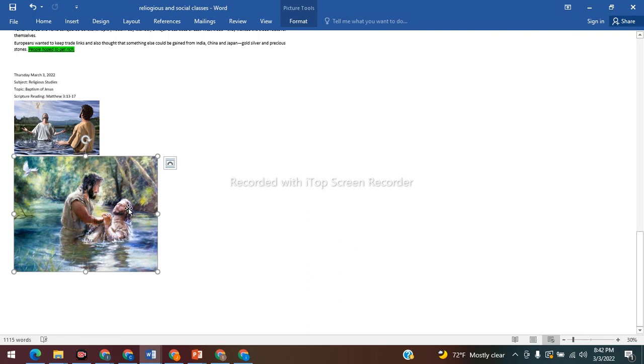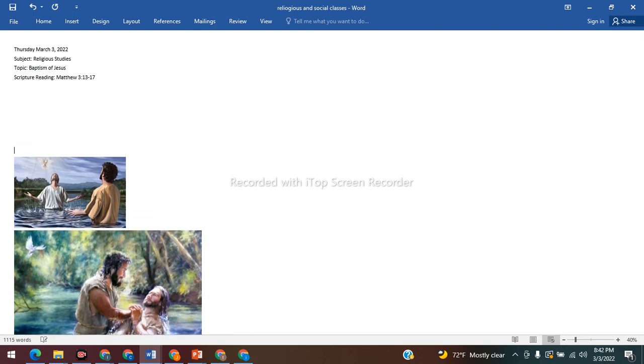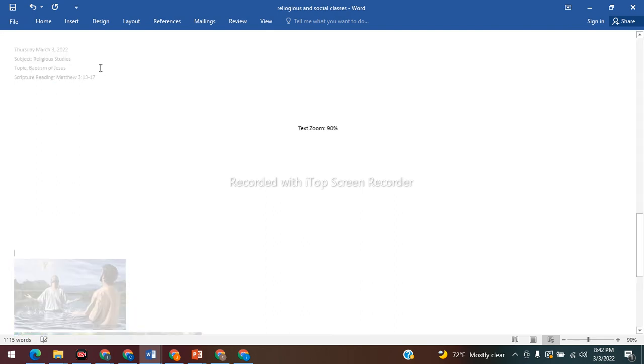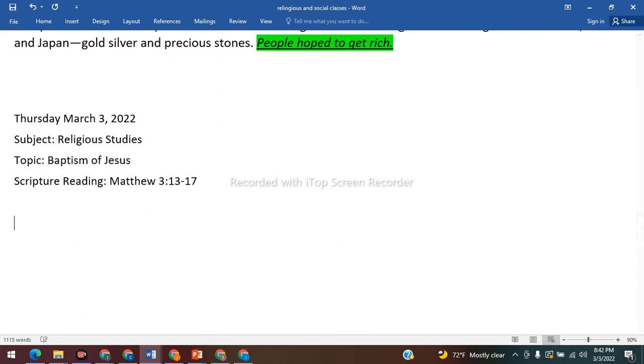Alright, so with that being said, let's begin with the notes. So we're going to begin with, let me put these down. We don't need these pictures right now. So we're going to begin with a definition of baptism. Hopefully we get through everything tonight. Baptism, by definition, is a Christian ritual.